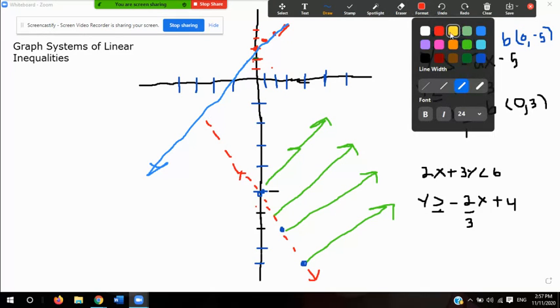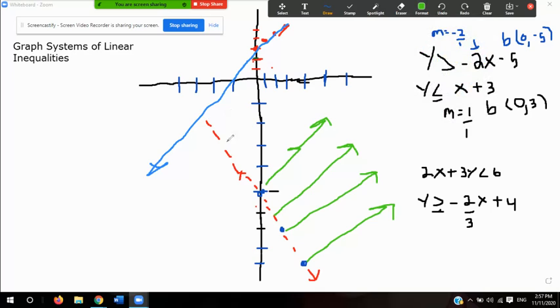And to continue with what we were saying, everything to the right of this equation is part of my answer. So that continues to be true. Okay, that continues to be true.